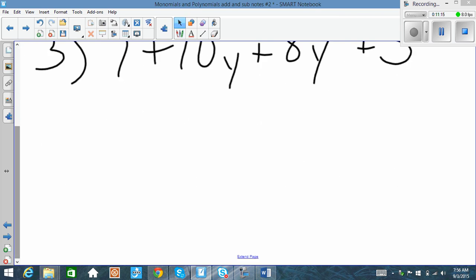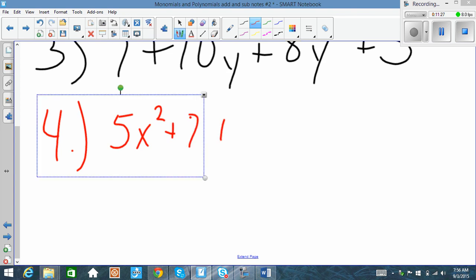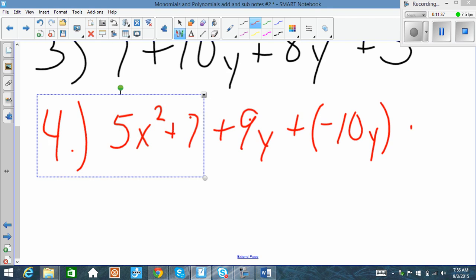And then we will practice a couple of combining like terms. 5x squared plus 7 plus 9y plus a negative 10y and minus 4x squared.